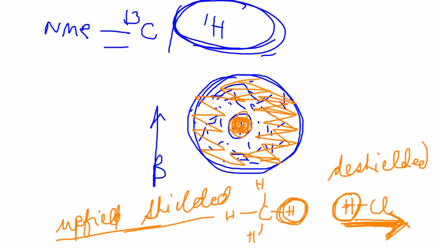And the word for that is downfield. When I was a student, I used to just remember the D and the D for the D-shield and the downfield, and that has always worked for me. So, more electronegative elements, that basically means it's a de-shielded environment. Less electronegative elements, that basically means it's a shielded environment.